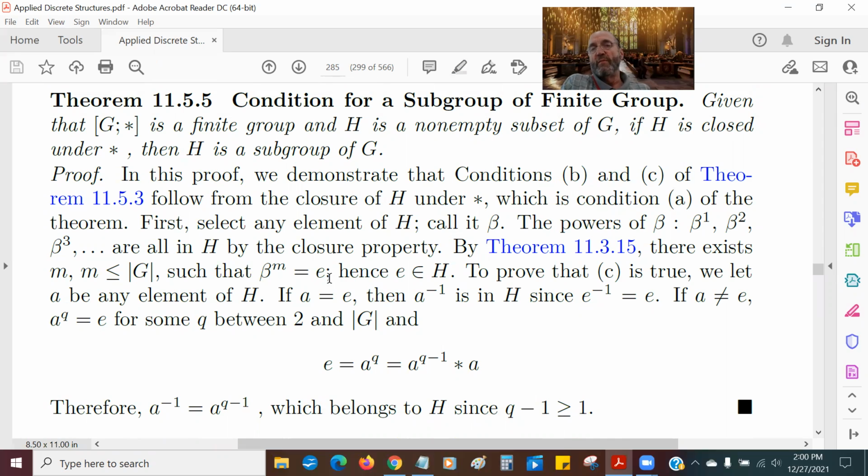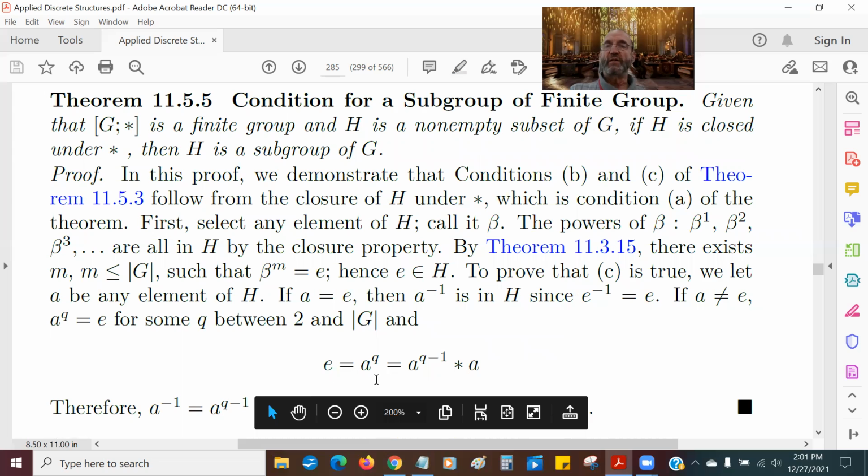Well, by that theorem, there is an identity element e. What about inverses? If a is equal to e, then a is its own inverse. And if a does not equal e, that means a to the q power does equal e, for some number q between 2 and the order of g.